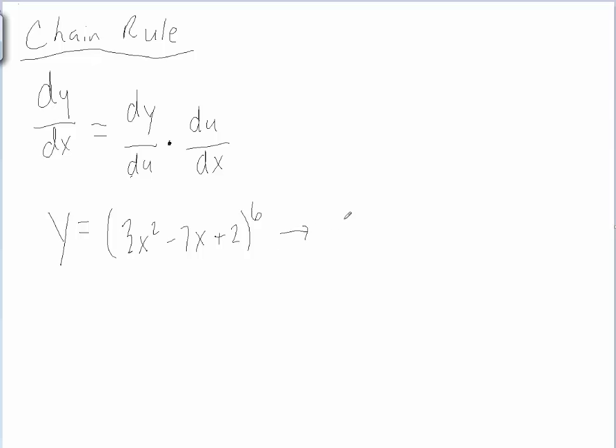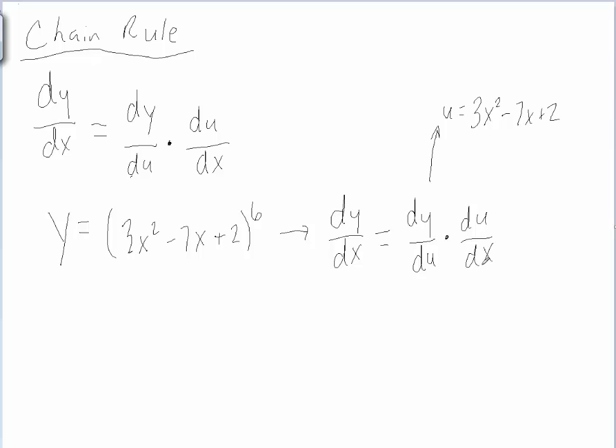In order to find the derivative of y with respect to x, we're finding the derivative of y with respect to u, where u is 3x squared minus 7x plus 2, times du with respect to x.